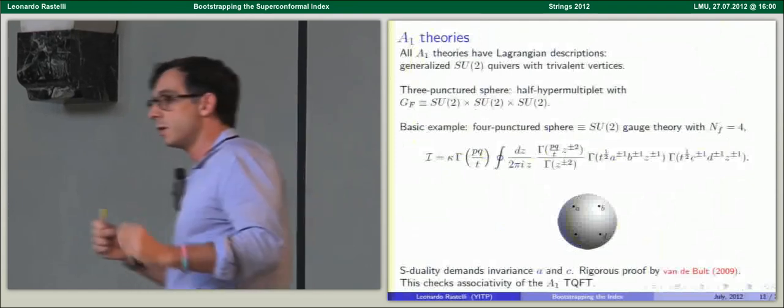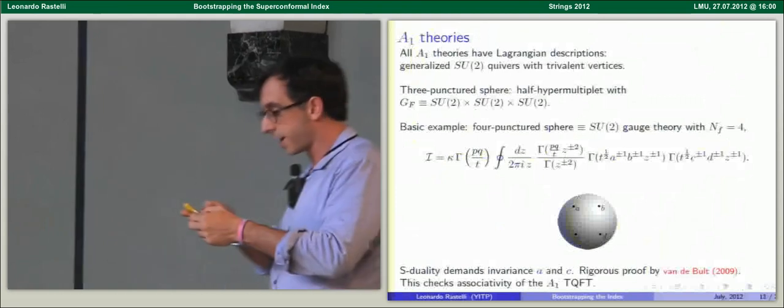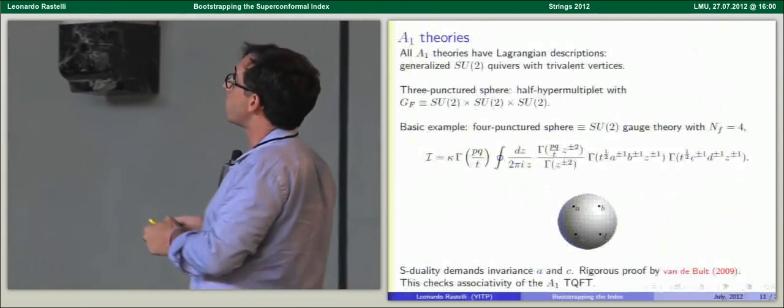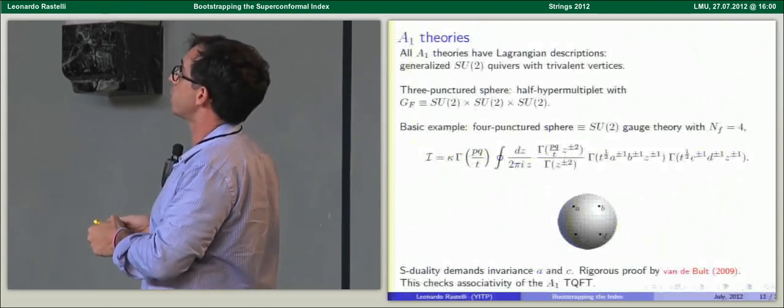And when you glue, you are gauging the diagonal SU(2), and so you build in this way a graph, and the order in which you do it depends on which S-duality frame you're in.